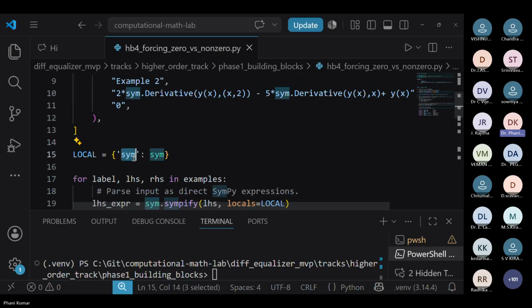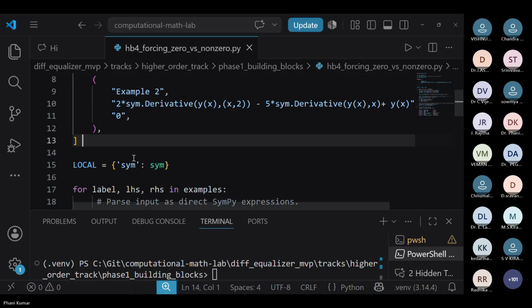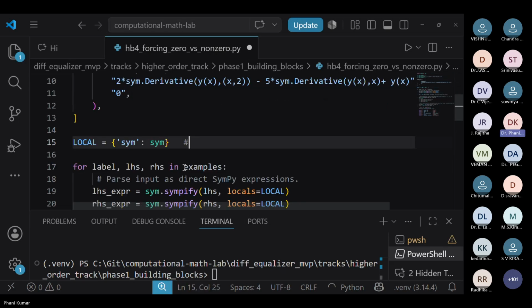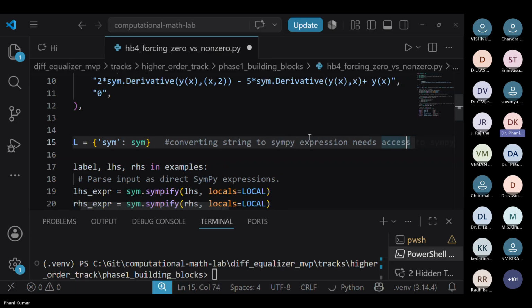It is taking it as a string. So sim.derivative of y of x comma x of 2. Here I am writing, converting string to SimPy expression, right?